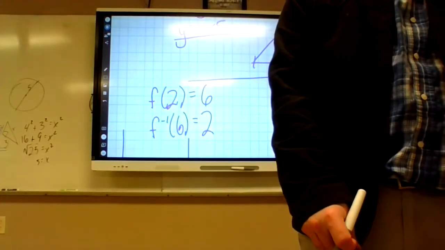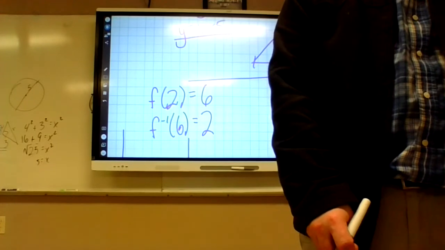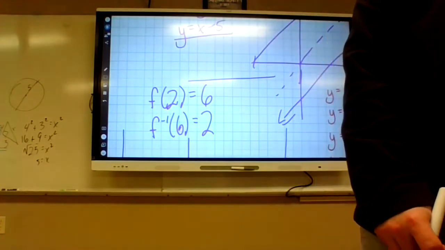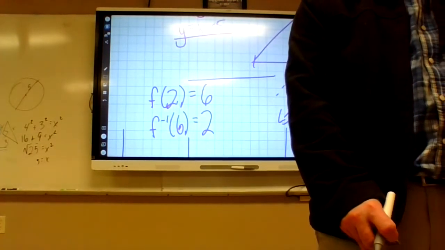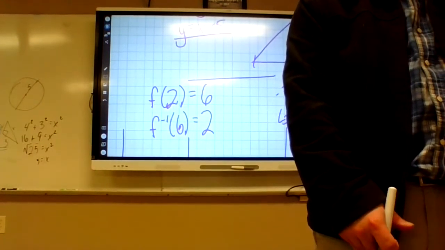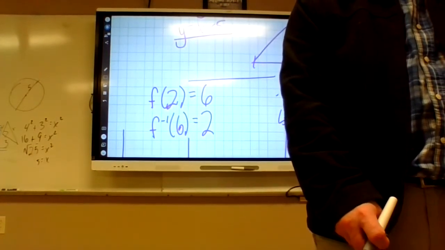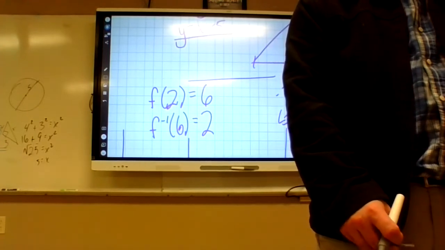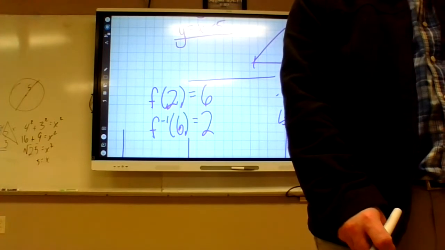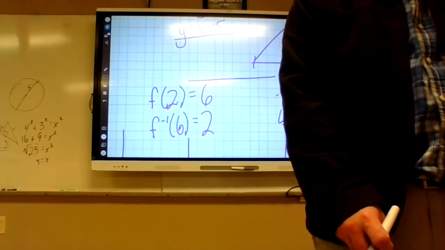Okay. Number 3, if g of 3 is 5 and g of negative 1 is also 5, explain why g has no inverse. Basically the y value gets mapped to by 2 x values.